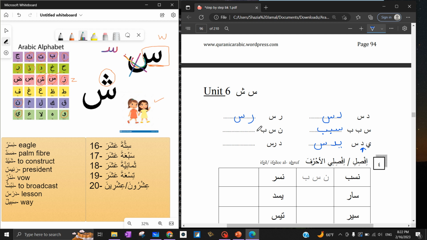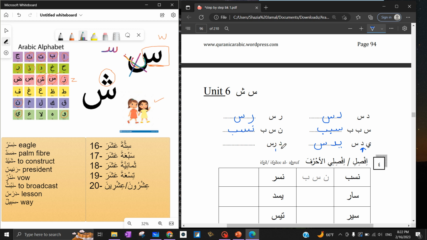Noon and seen is connected with ba also. Three letters are all connected together. No non-connectors here. So noon, seen, and then a tail of the seen, and then ba, and then ba. Noon, seen, and ba.